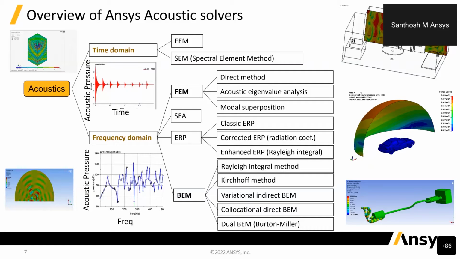In those kinds of steady state dynamic situations, we would prefer to look at the acoustic pressure or the sound power in terms of the frequency, which is directly related to RPM. When the motor runs at 1000 RPM, what happens? When the motor runs at 2000 RPM, what happens? So these are the two broad classifications. This is the way we want to visualize it.